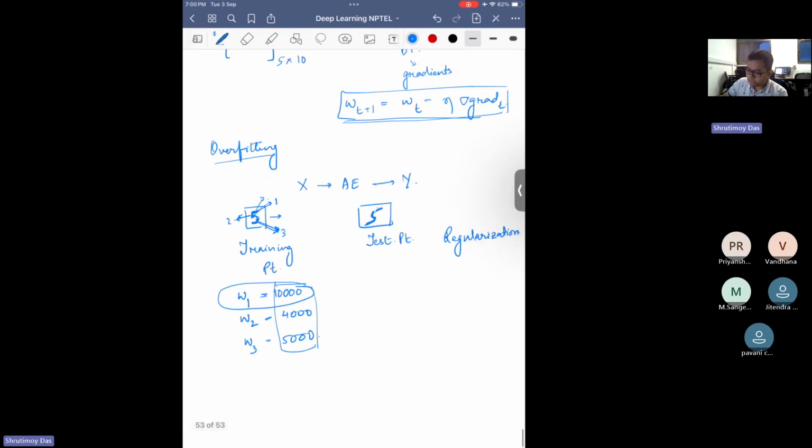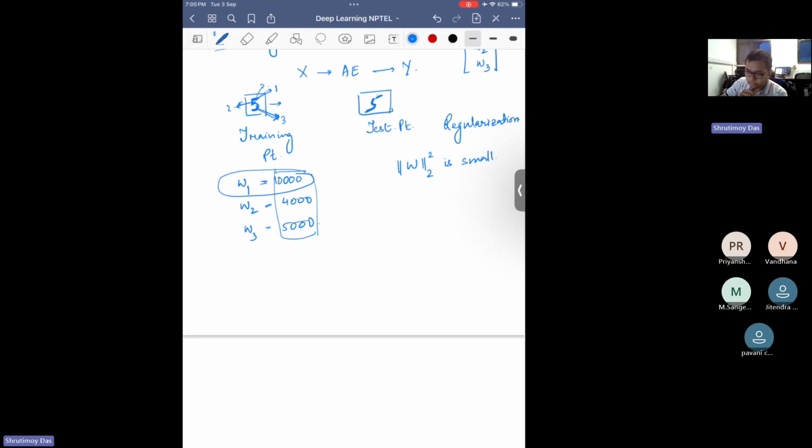So what the regularization does is it says that the norm of this W. So suppose I create a vector W which has this W1, W2, W3, right? We want that the two norm of this W is small. So how do I add regularization?